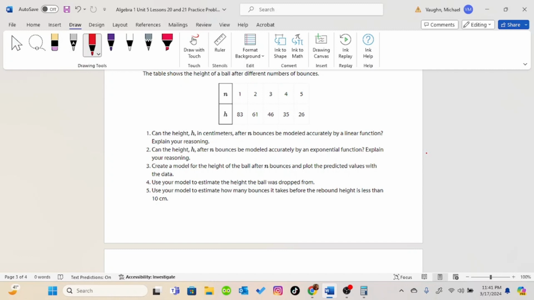So if we look, we subtract 22, then we subtract 15, then we subtract 11, then we subtract 9. So this is not a linear function because we are subtracting very different numbers.